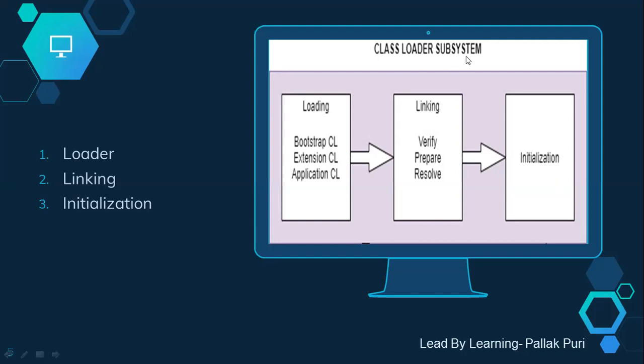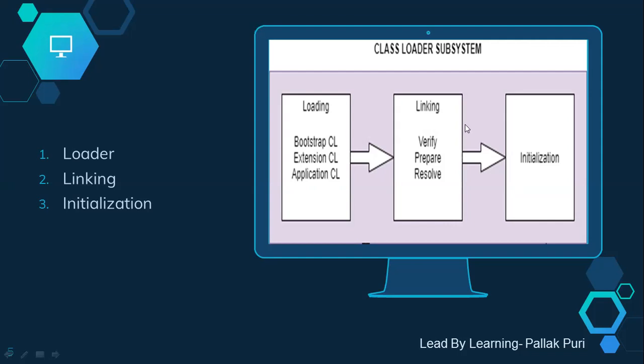So this is the class loader system, in which we have three categories: loading, linking, and initialization. In loading, we have three predefined class loaders: bootstrap class loader, extension class loader, and application class loader. If I ask which one is the best, we'll say the bootstrap class loader is the most important of the three.